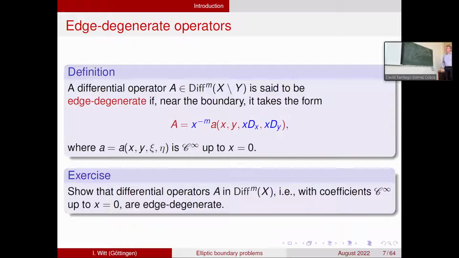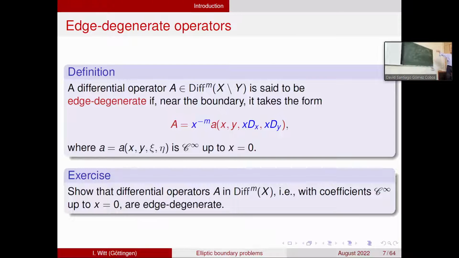Good. So I already told you what an edge-degenerate operator is. In these coordinates, near the boundary, it takes that form. Okay? And the A, as the important thing, is smooth up to x equals 0. So I have a couple of exercises for you. You can discuss these exercises in this discussion session if you like.